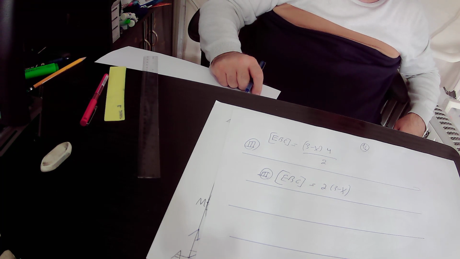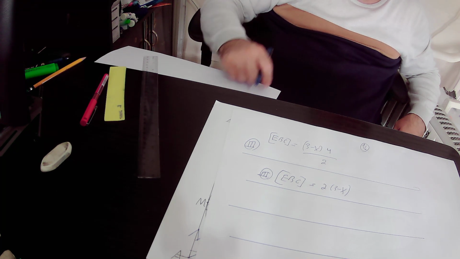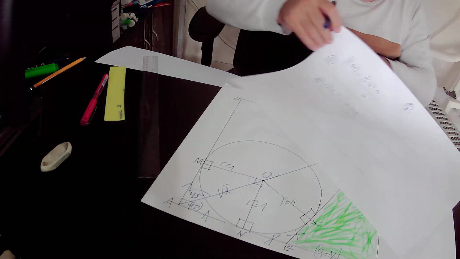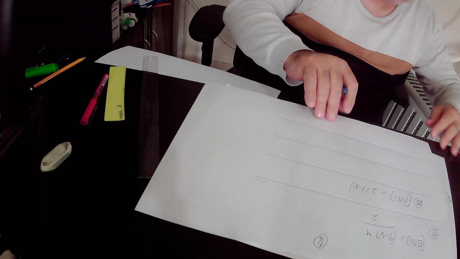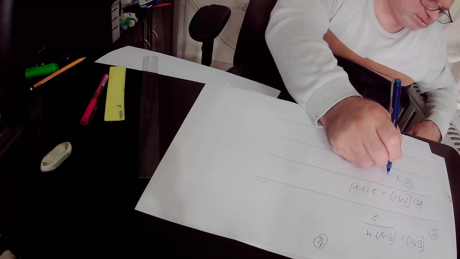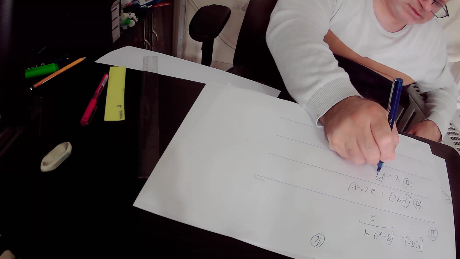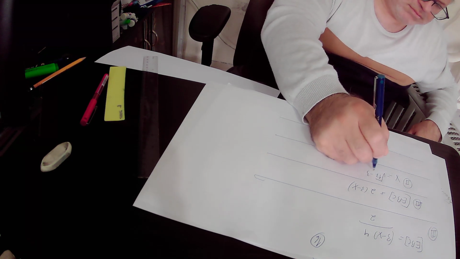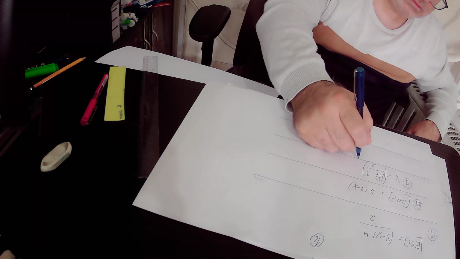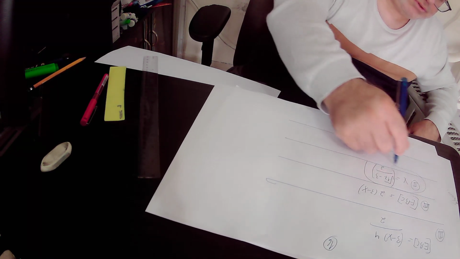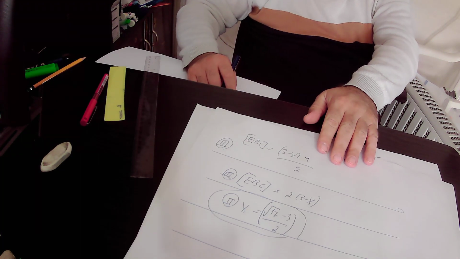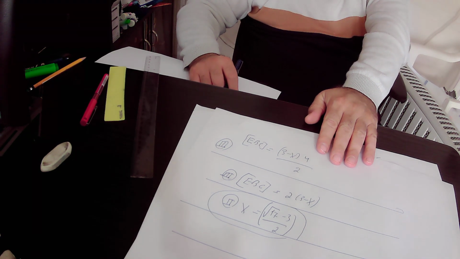And we have already found out, according to equation number 2, that x equals square root of 17 minus 3, over 2.